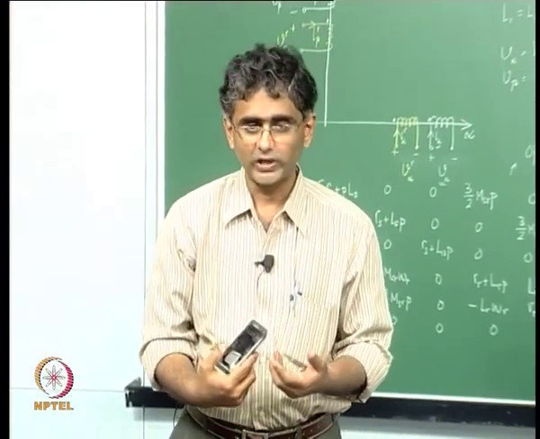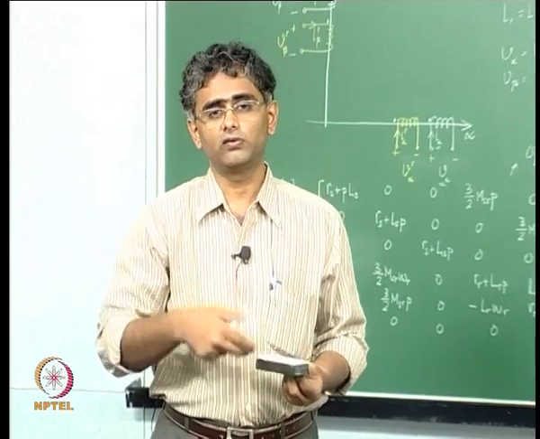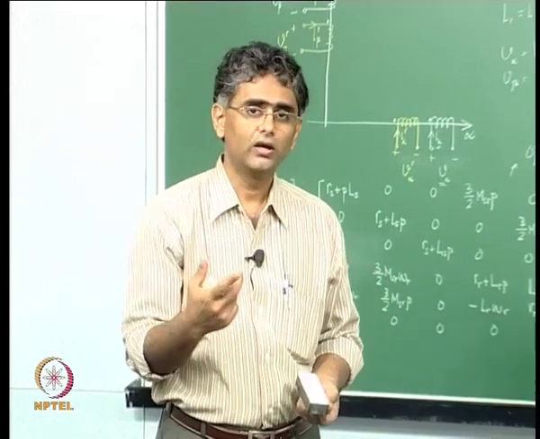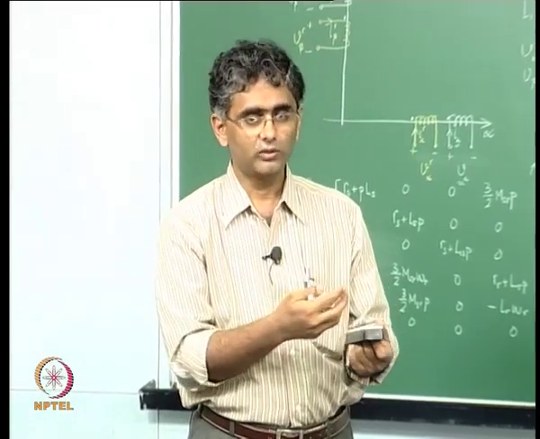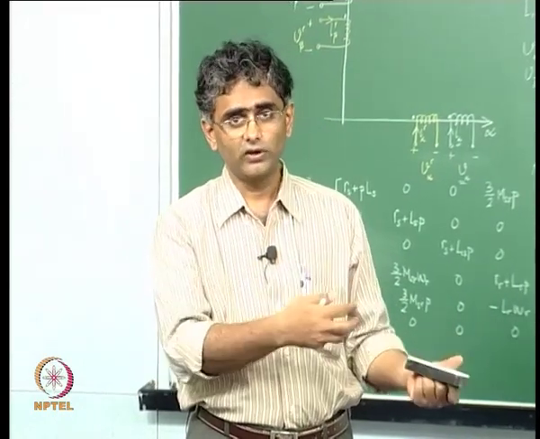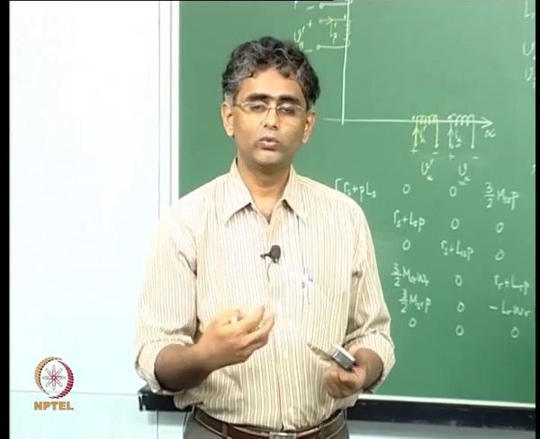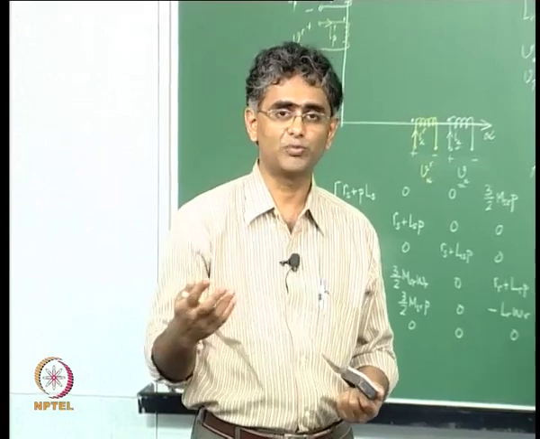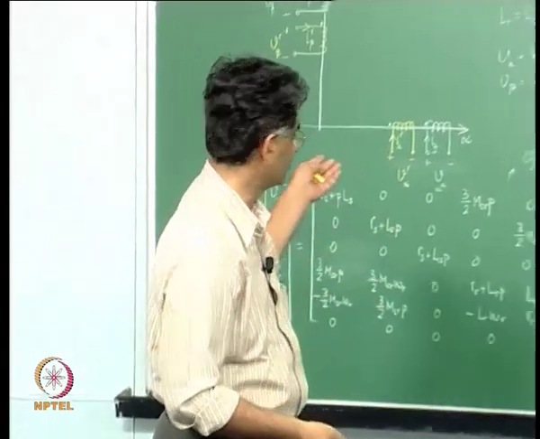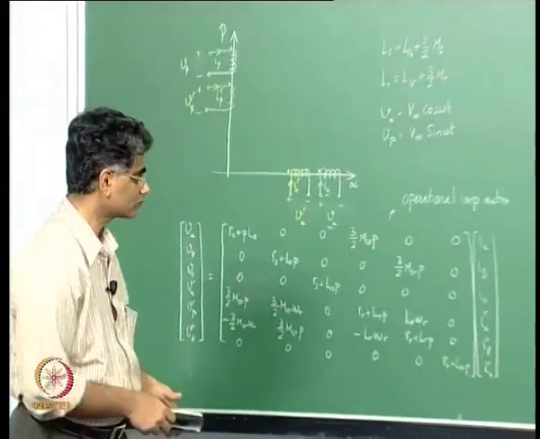If you remember the induction machine equivalent circuit that you would have done in your first machine course, you would have drawn the machine equivalent circuit referred to the stator, in which all the excitations and responses are at supply frequency, and you have a similar kind of situation here.